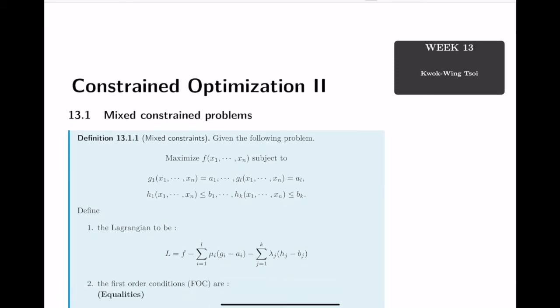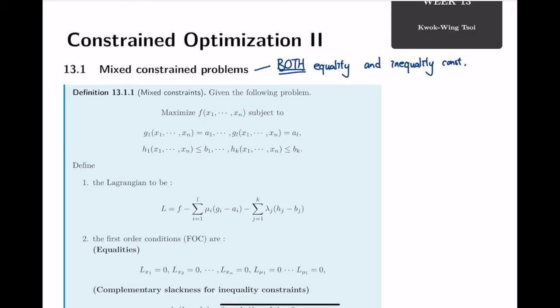The first thing we're going to do is to study the so-called mixed constraint problem. In other words, we have both equality and inequality constraints. Let's look at a standard form of this problem. Suppose we want to maximize an objective function subject to two kinds of constraints.